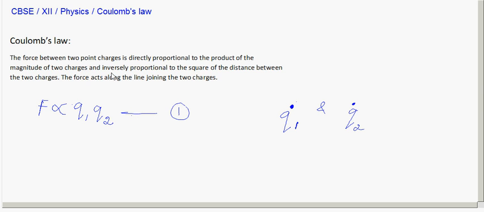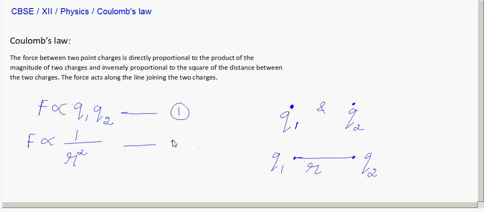And inversely proportional to the square of the distance between the two charges. The force is inversely proportional to the square of the distance between the two charges. Let us say the two charges are separated by a distance of r. We can write the force is inversely proportional to the square of the distance.